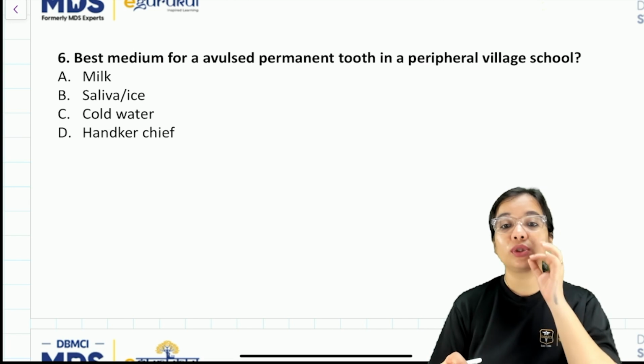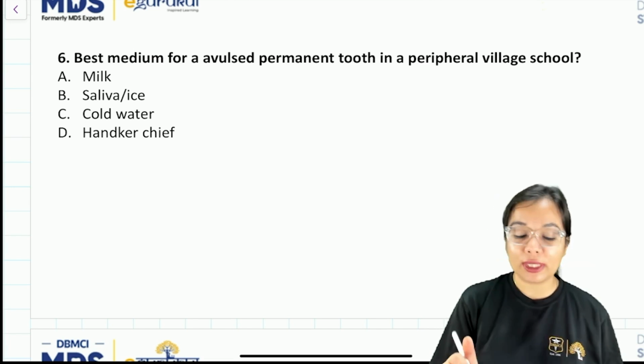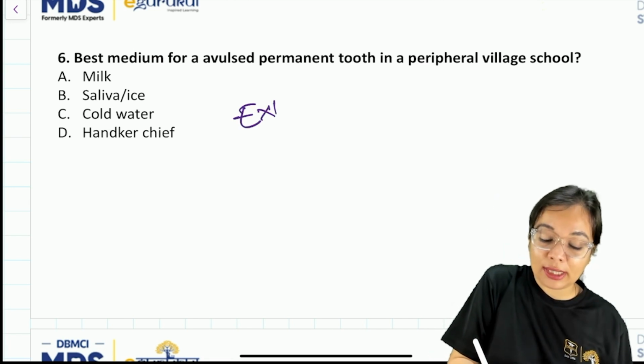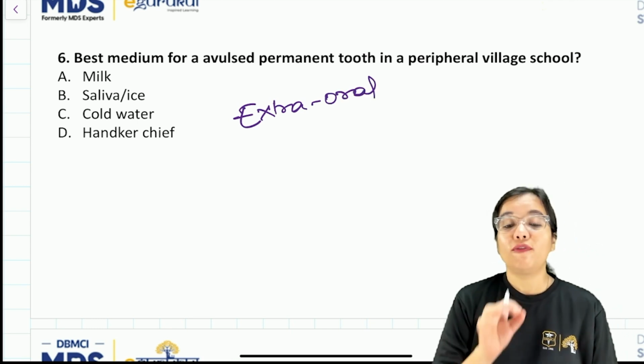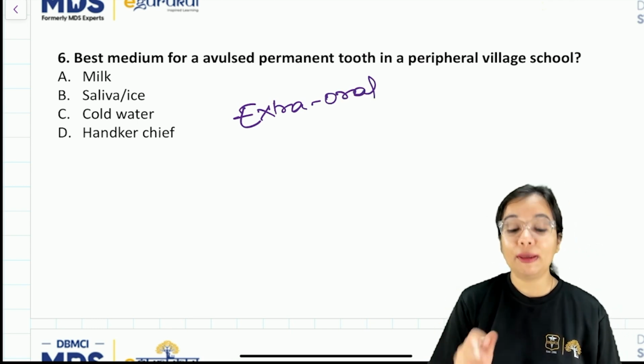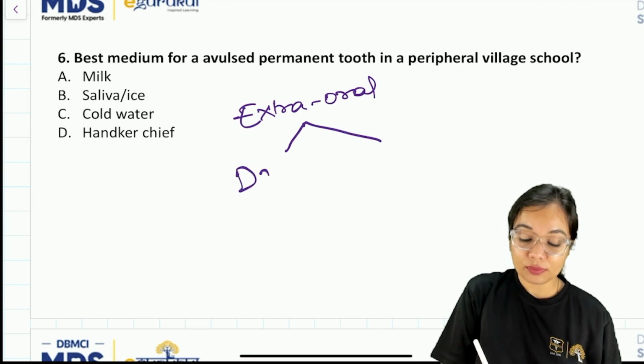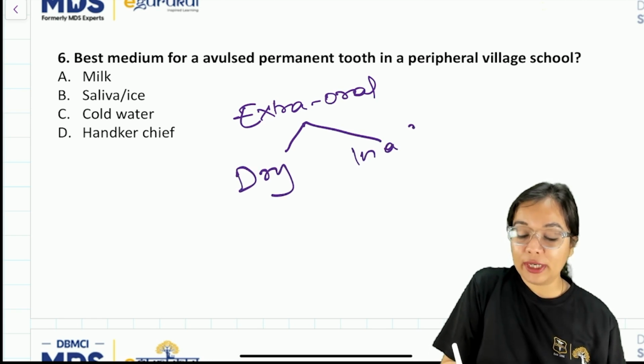But when you have a tooth avulsed, the most important time is the extraoral time. That means once it is out of your mouth, for how much time you are keeping it dry or in a storage media.